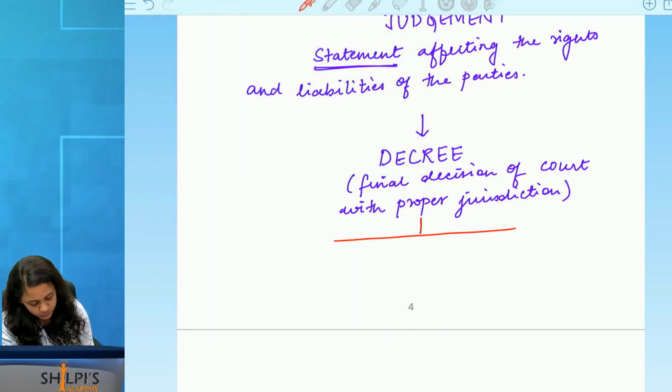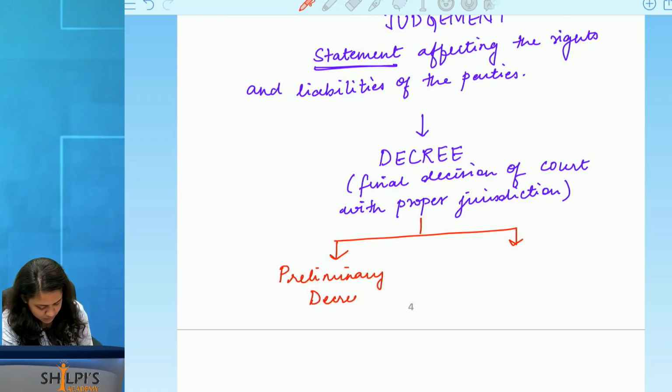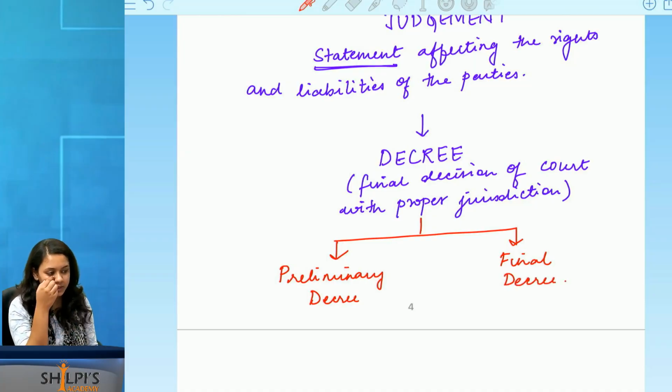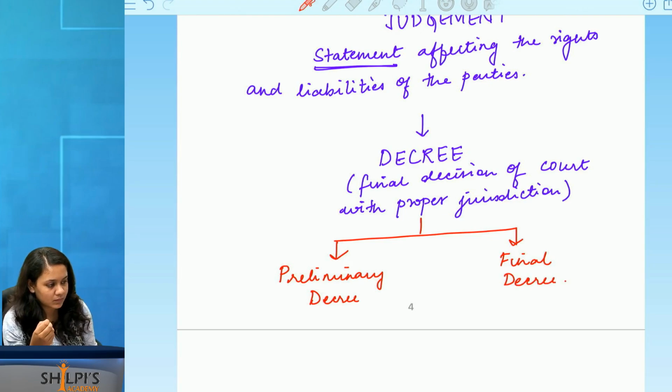Decrees itself are of two types: a preliminary decree and a final decree.